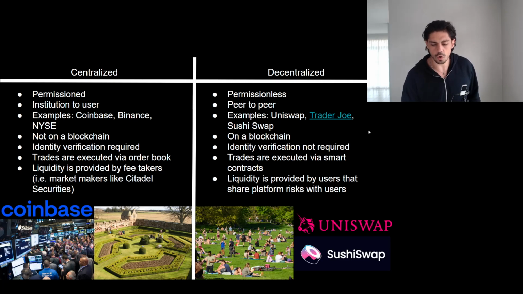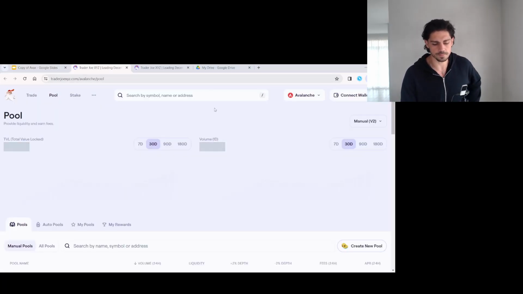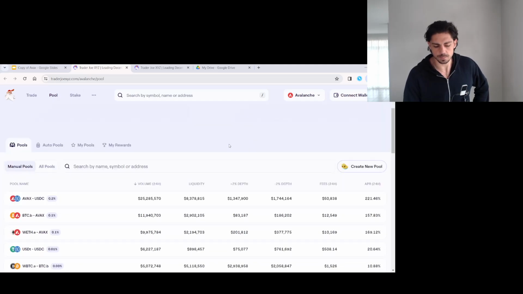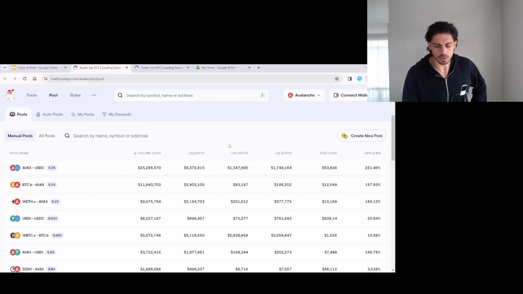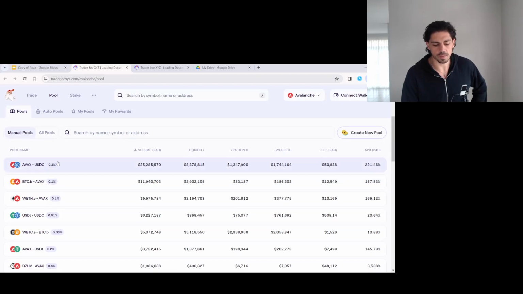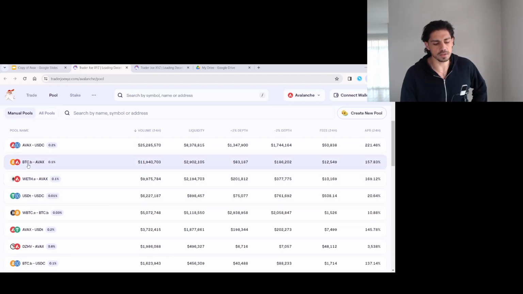Okay, so I'm going to just show you what that means by hopping over to Trader Joe right here. As you can see, we're on traderjoe.com and we're on the pool section. And so we can go ahead and take a look at all of the different token pairs, right? So we have a bridged Bitcoin and Avalanche pair.